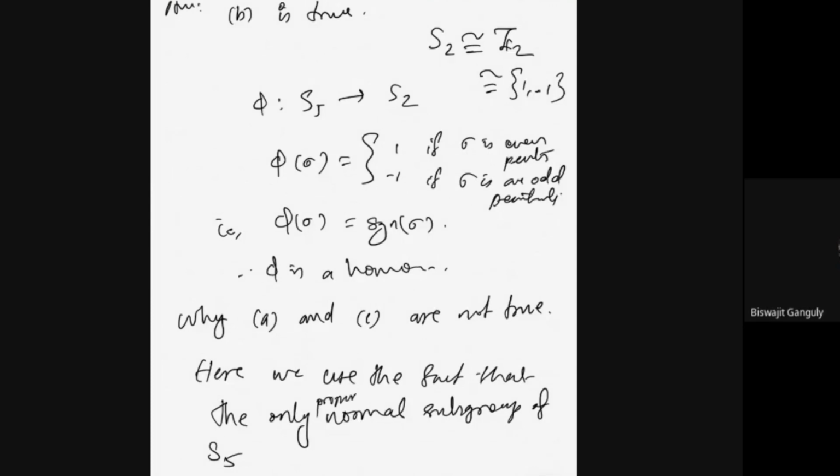Suppose there exists an onto homomorphism from S5 to S4. Then by the first isomorphism theorem, S5 by kernel of phi is isomorphic to phi of S5. In S5 the kernels are identity, A5 or S5, so in both cases we get a contradiction.